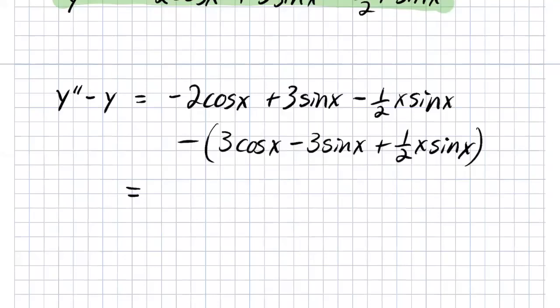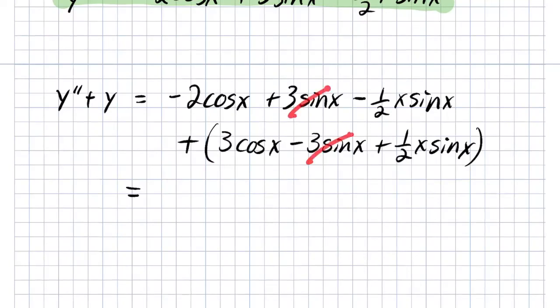Okay, so let's just look at what we've got here. We have a 3 sine x, and then this will be a plus 3 sine x, so that will give me 6 sine x. And also here, these guys are not canceling either. This guy and this guy are going to add together. We get minus, yeah, so that's not going to work out. So let's go ahead and do plus then. Now I think things are canceling out.